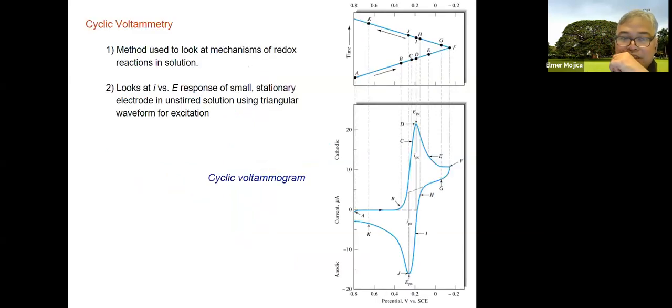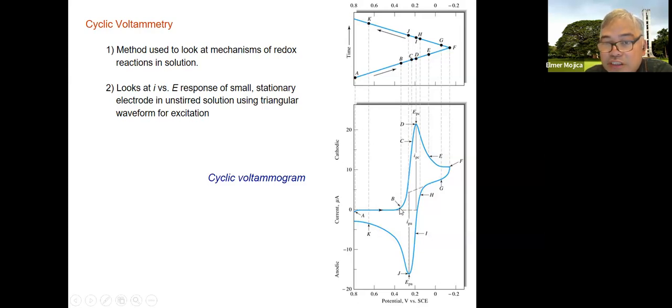Now, if you're going to look at it this way, it's just the same as what I have initially shown, but it shows you different points and how the cyclic voltammetry looks like. So initially at A, and then you sweep with time from the more positive going to a more negative.